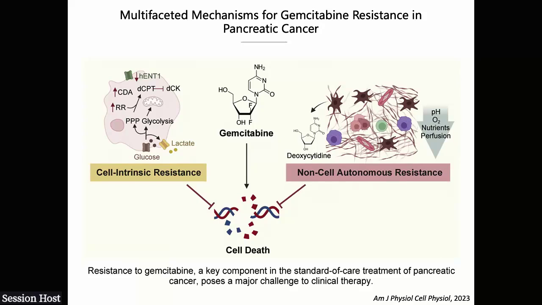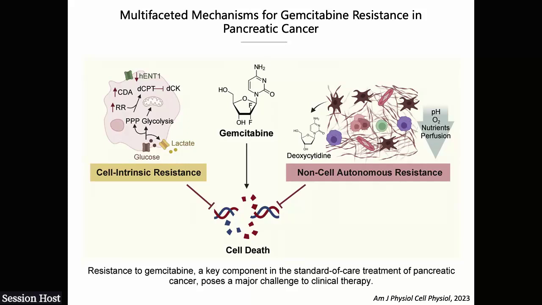It's also reported that in the resistant patients there is a higher glycolysis level, which can produce more metabolites, such as deoxycytidine, which can compete with gemcitabine to enter the nucleus and induce gemcitabine resistance.